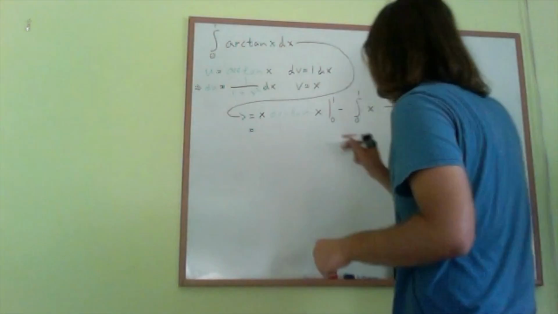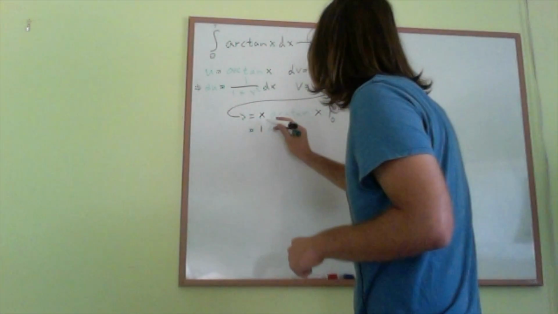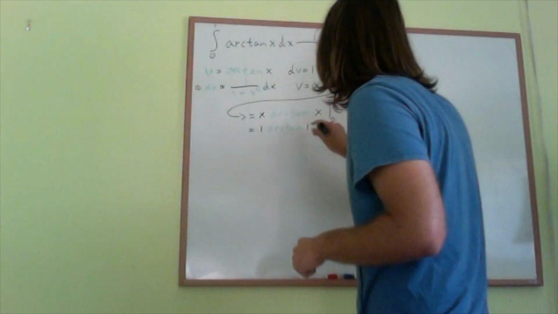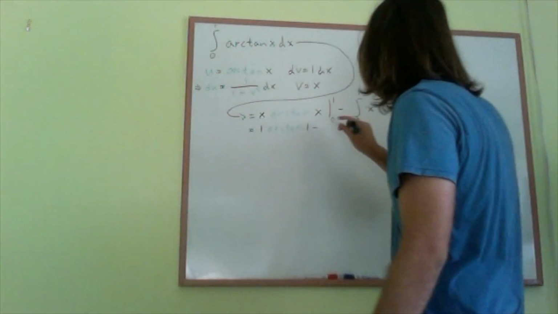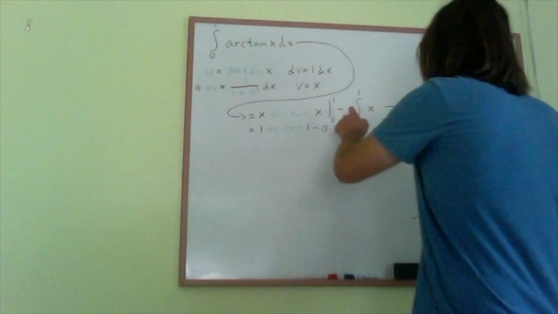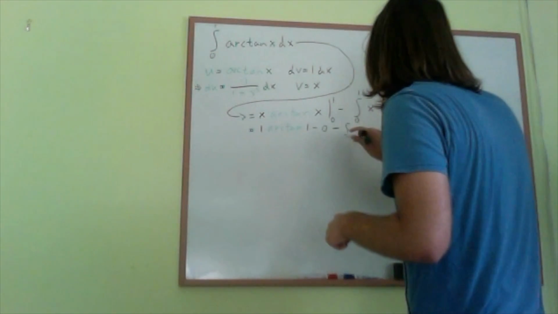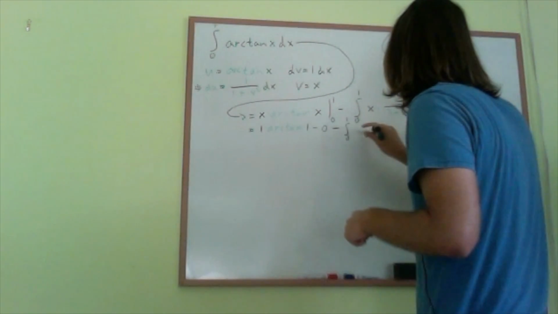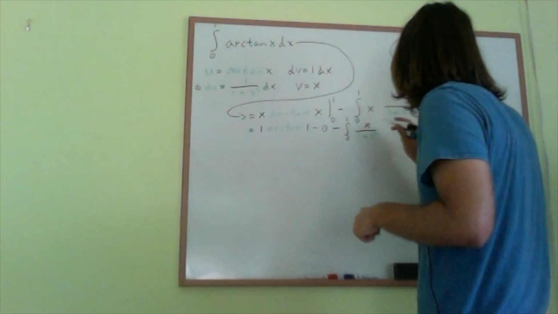We plug in 1, this becomes 1 times arctangent of 1 minus 0 times anything is simply 0, so this is going to be minus 0. And then over here, we have minus integral 0 to 1 of x over 1 plus x squared dx.